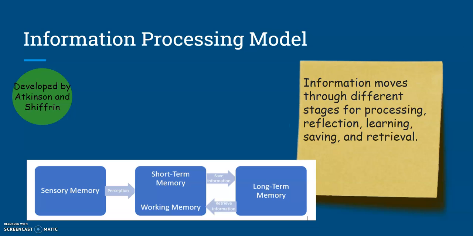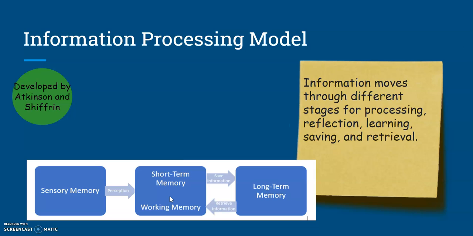In this process, information starts in the sensory memory, and then it moves to working memory. In the working memory, it is processed and stored temporarily. We also call working memory short-term memory. That information is either transferred to long-term memory or it is forgotten.